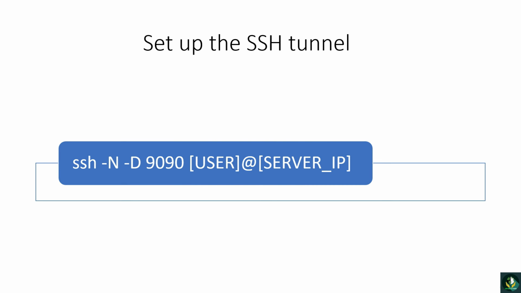We'll create an SSH tunnel that will securely forward traffic from your local machine on port 9090 to the SSH server on port 22. You can use any port number greater than 1024. Only root can open privileged ports.